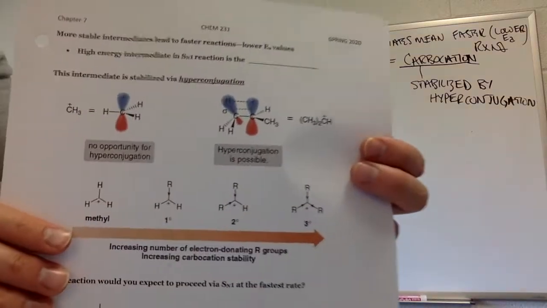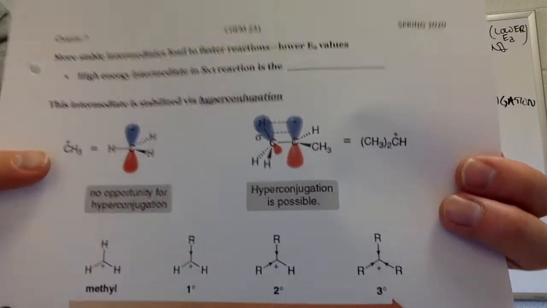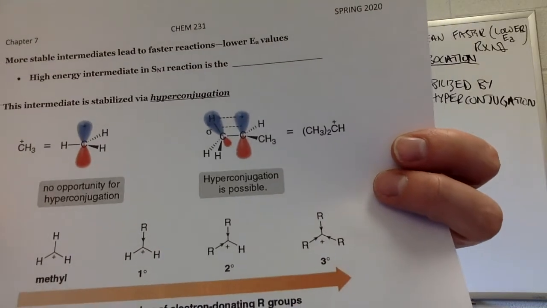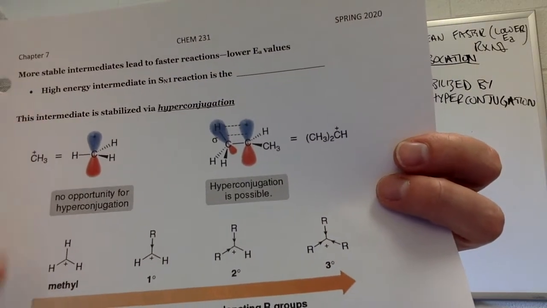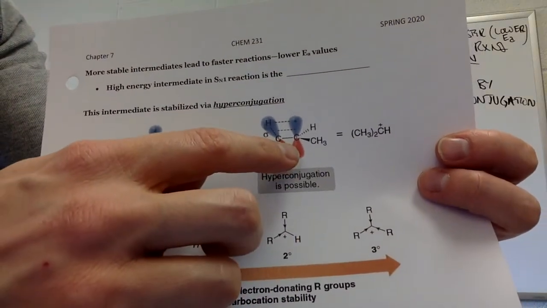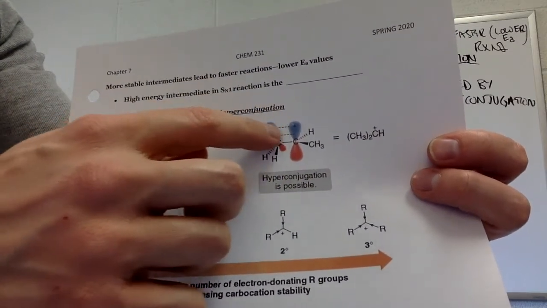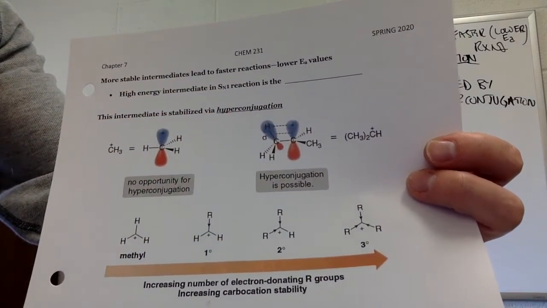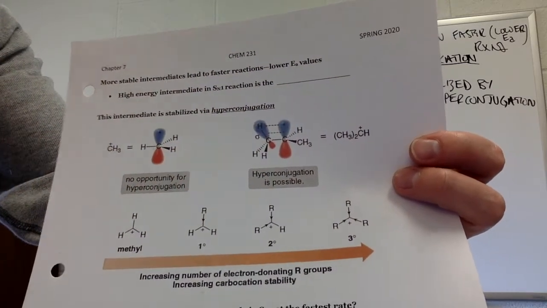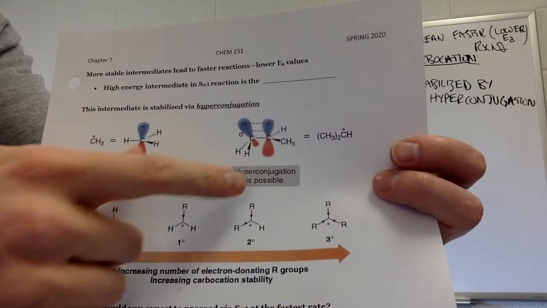So essentially we see that a primary carbocation over here has no opportunity for that hyperconjugation because there are no CH bonds out here, versus the secondary carbocation that we have right here, which has the CH3 that is looking exactly like I put up on the board, but also this other CH3 is doing the exact same thing. It's just harder to show since it's no longer in the plane with that carbocation.